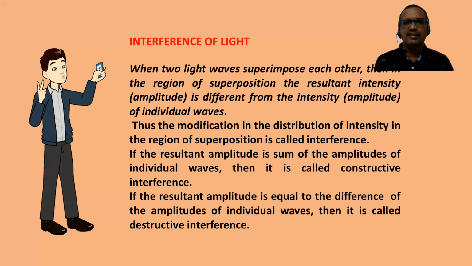I think by listening to this class, you are able to answer what is interference, what is the superposition theorem, and what is constructive and destructive interference. Thank you for listening patiently.